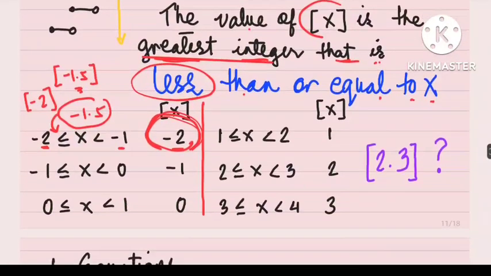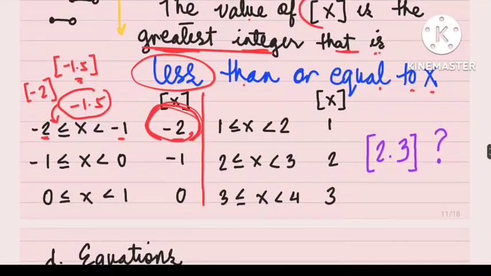Alright. What if the number is inside the interval 0 to 1? The value of that number will be 0. Say the number 0.5.